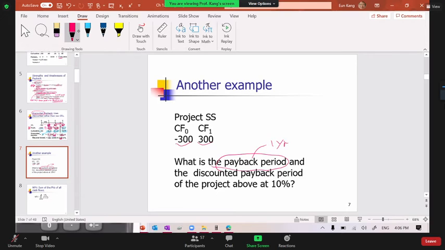But if you use the discounted payback period, and the cost of capital is 10%, what is the discounted payback period? So the payback period is 1 year, but what is the discounted payback period? Pretty tricky.